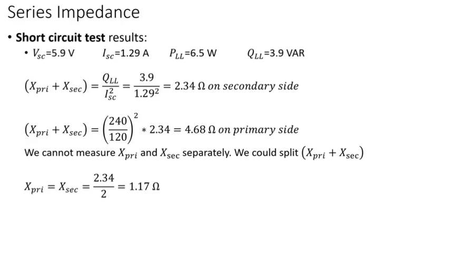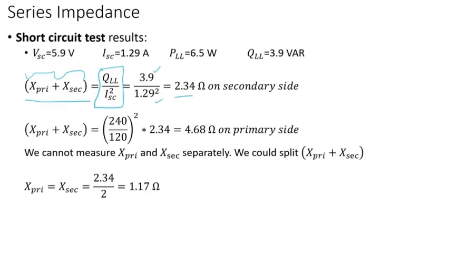So I can do the same thing for reactance. Again, there is no way you can break this into primary and secondary. When you perform short circuit tests, you measure the sum of both, basically primary and secondary. So then the equation is I take Q divided by I squared, then I just plug in the numbers.